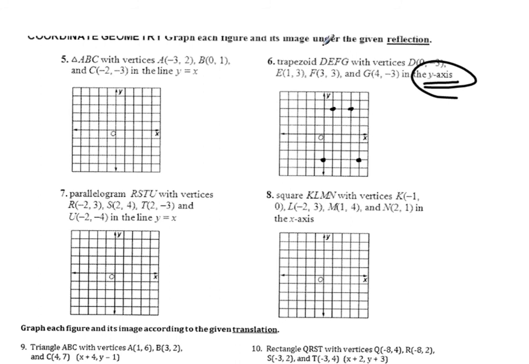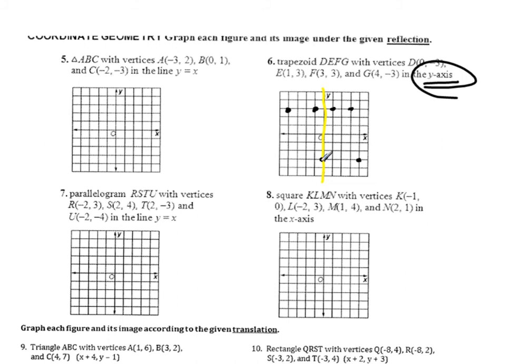So we take each of those points and we reflect over the y-axis. So this point is 1 away from the y-axis, so we draw another point here, which is 1 away from the y-axis. This point is 1, 2, 3 away from the y-axis, so we draw another point 1, 2, 3 away from the y-axis.